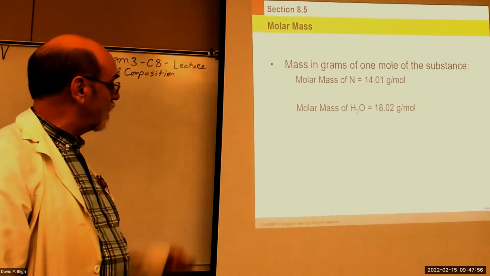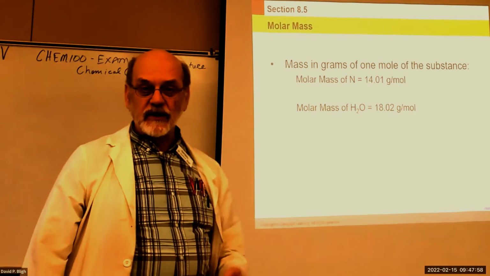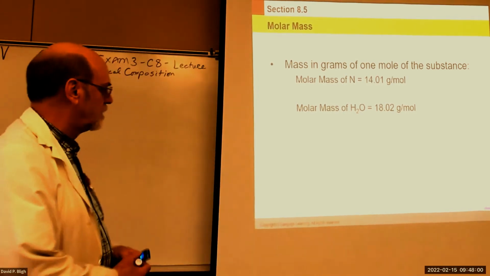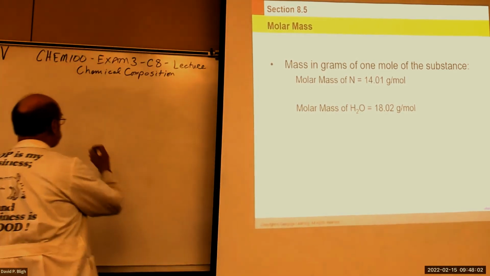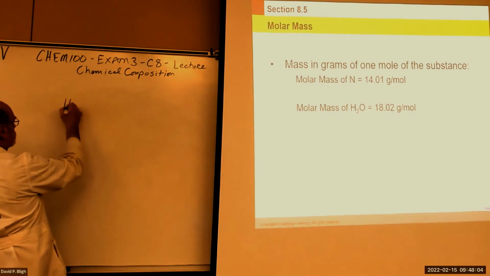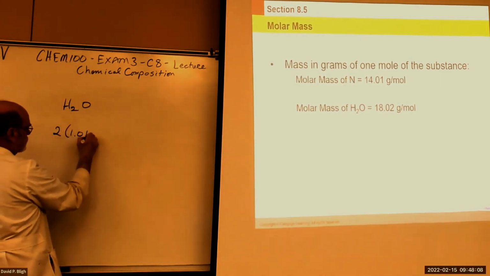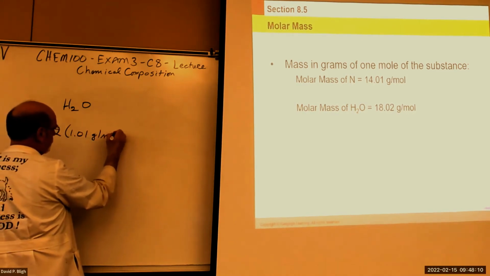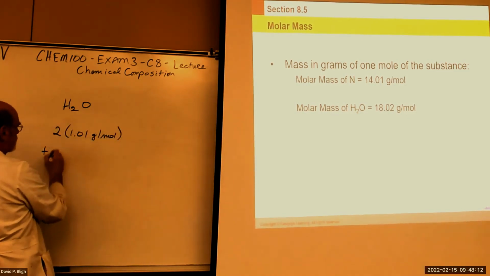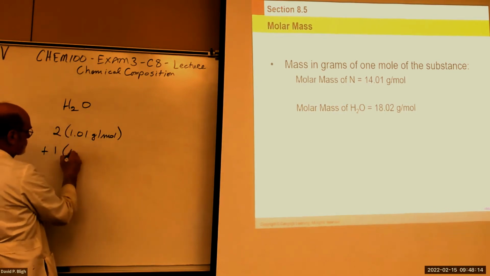Molar mass of water, though, is 18.02. How do we get that? Well, all you need is the molar mass of 2 hydrogens plus one oxygen.